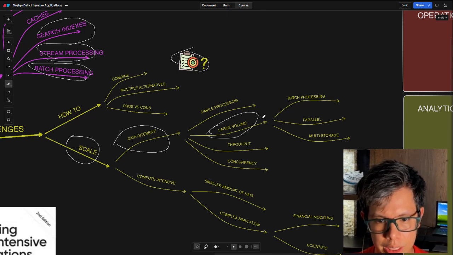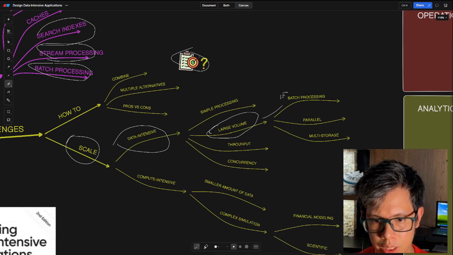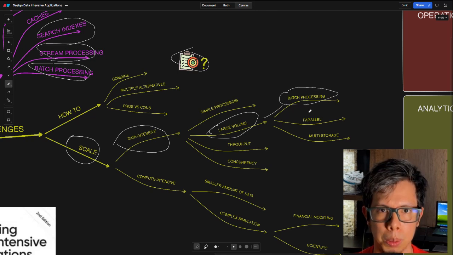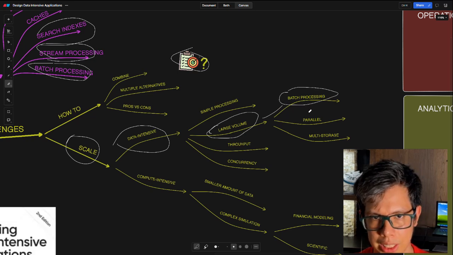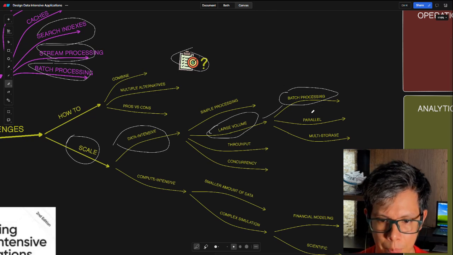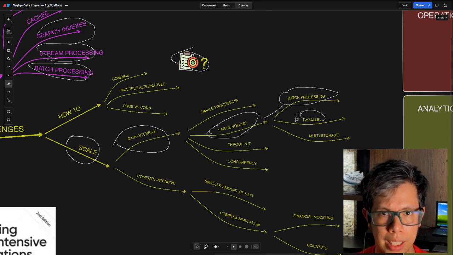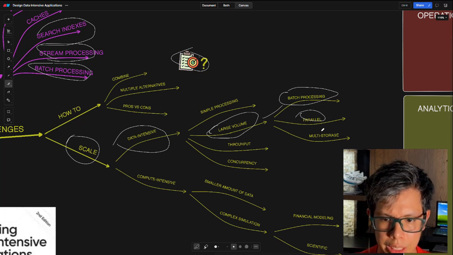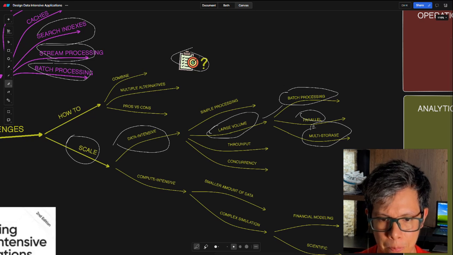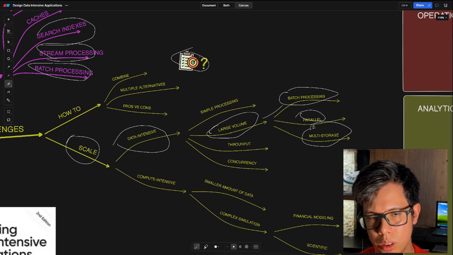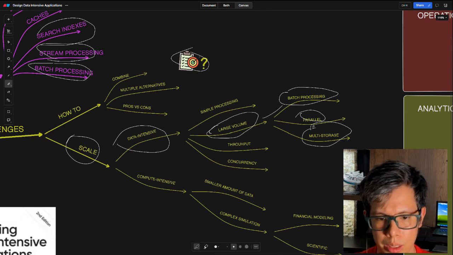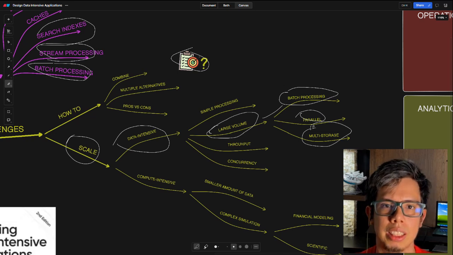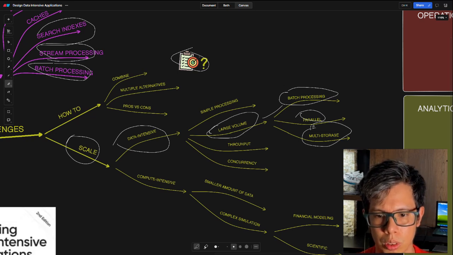So for that, there are some solutions that we can explore here. This is the batch processing that I told you before, an asynchronous process, right? You can design it to work in parallel to process the data, not just with a single thread, right? And you can use multiple storage to split the data, and the idea is to make it not expensive to consume the data, right? But you have to have a strategy to split them.